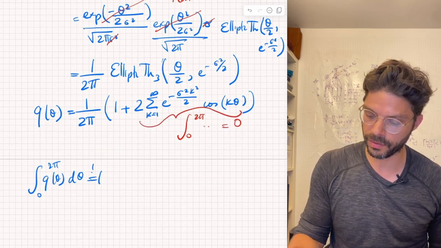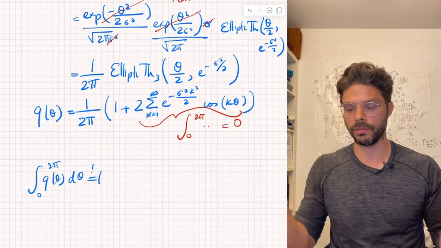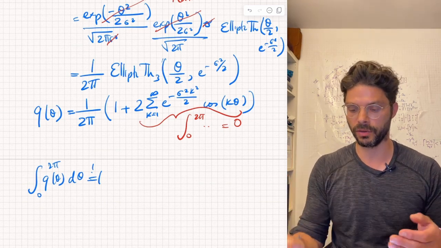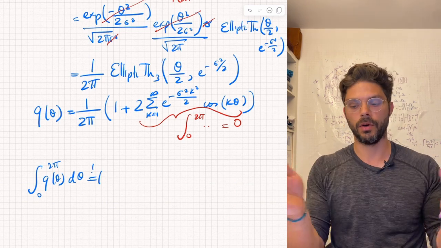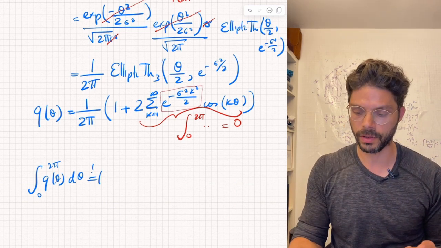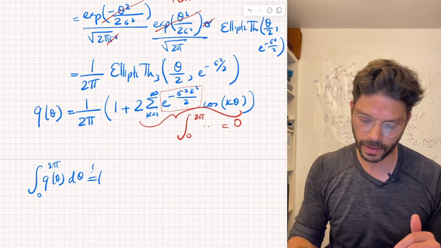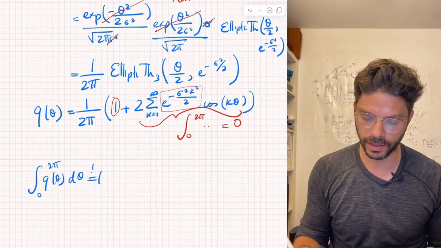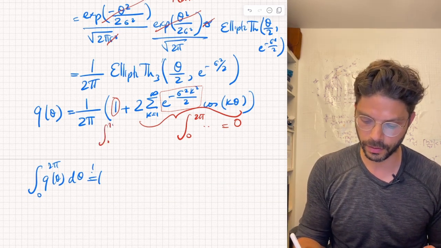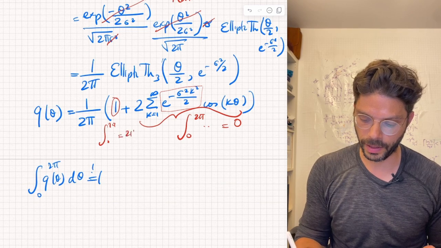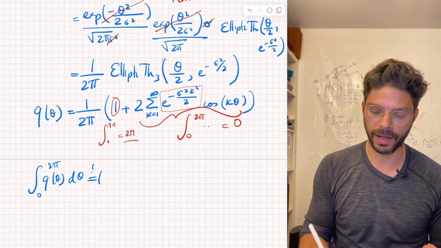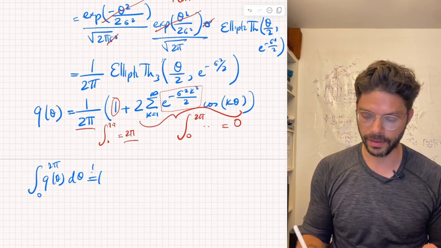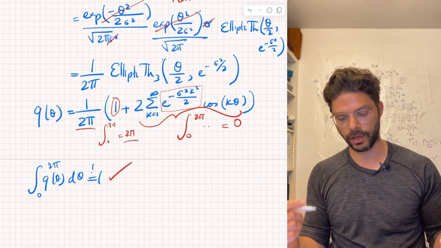Because you just have a cosine function, not squared, multiplied by some constant, integrated over 0 to 2 pi. That's going to be 0. And there's just this one term that integrates to 2 pi. So the 2 pi here cancels the 2 pi there, and indeed we get that it does integrate to 1.